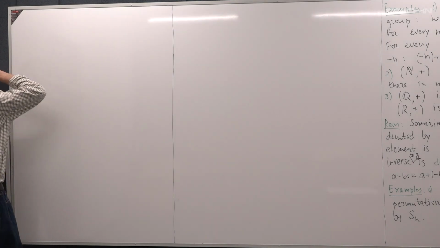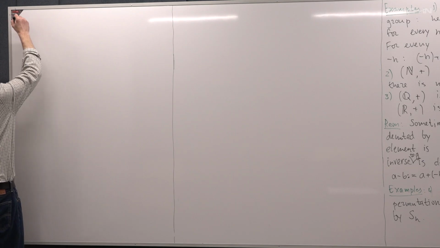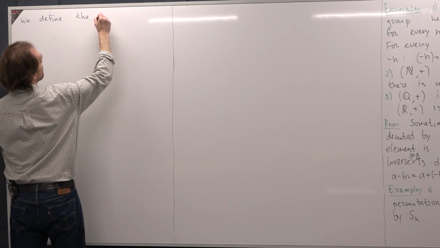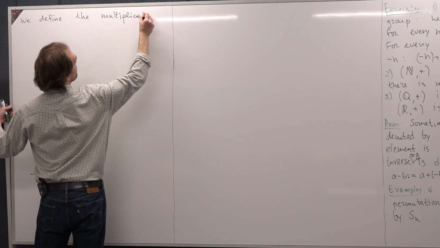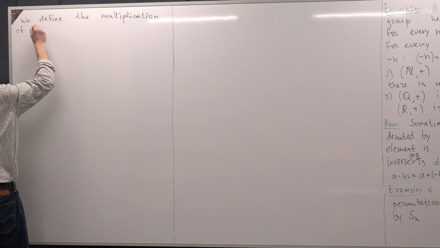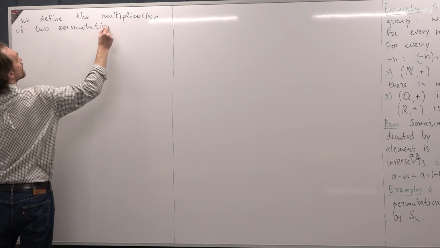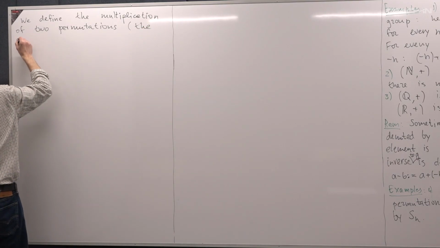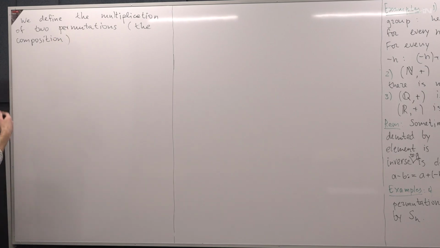So we define the multiplication of two permutations as we did before. So this is the composition, in fact, because every permutation is a mapping, so we just take the composition of these two mappings.